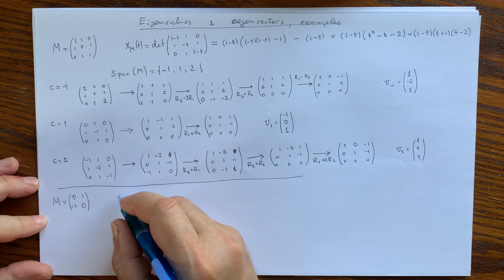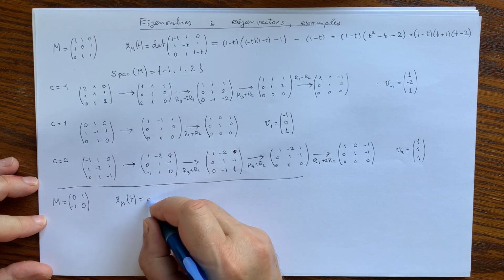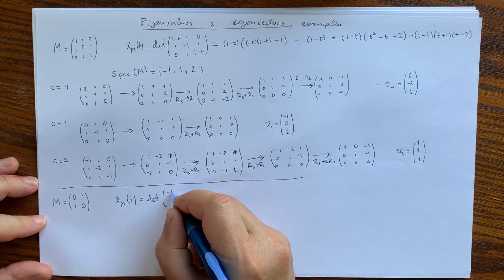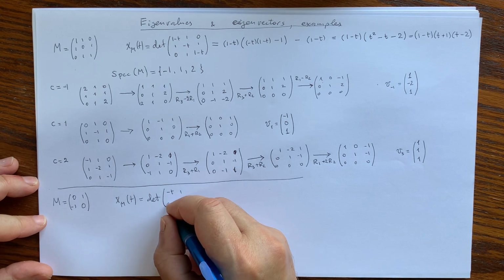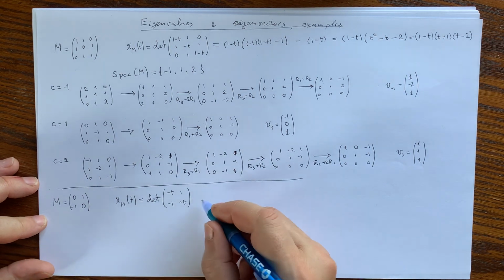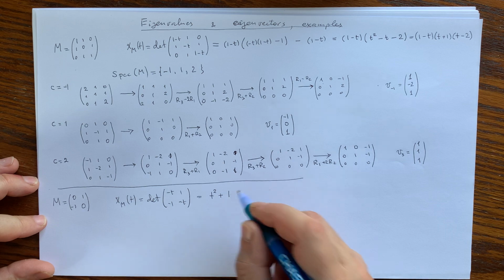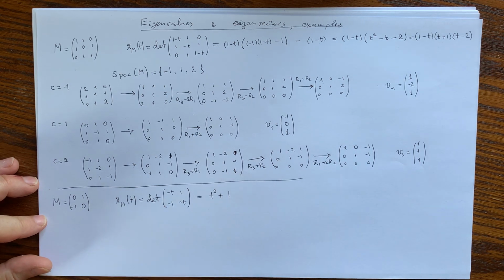So let's take this matrix and write its characteristic polynomial, which is the determinant of this 2 by 2 matrix, and the polynomial becomes t squared plus 1. T squared as a product of negative t with itself, and then minus -1 gives us +1. So that is a polynomial which has no real root.